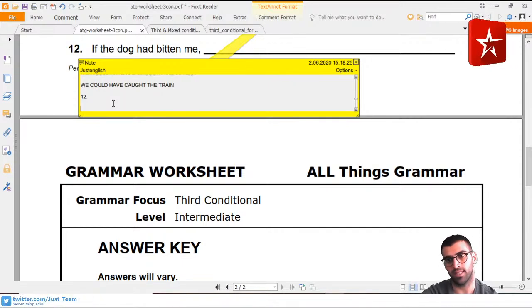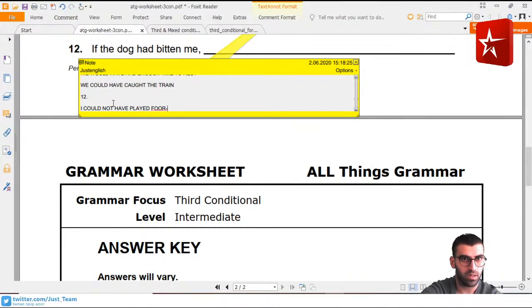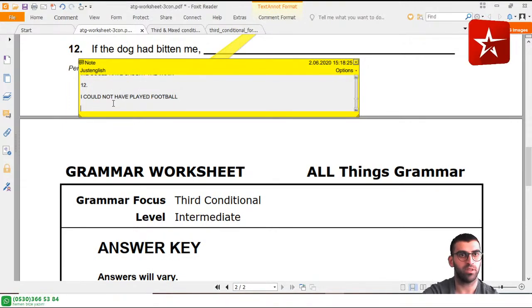And the last sentence for 12, if the dog had bitten me, I couldn't have played football. I couldn't have played football if the dog had bitten me.